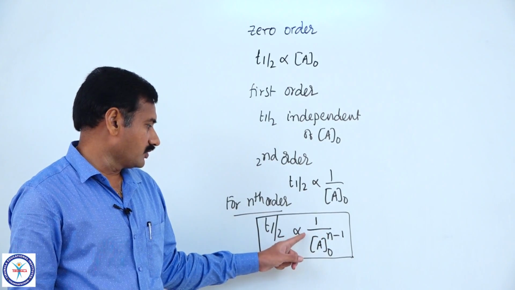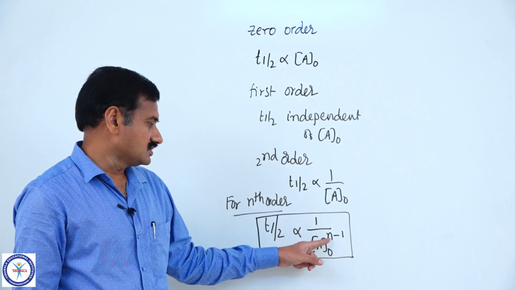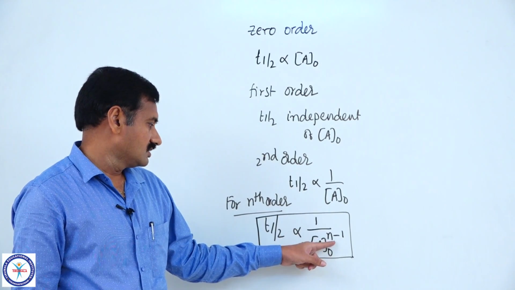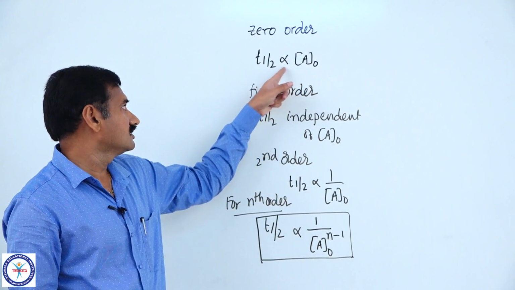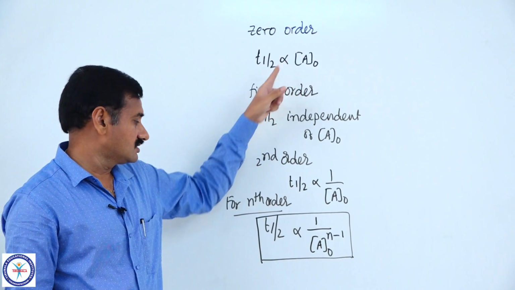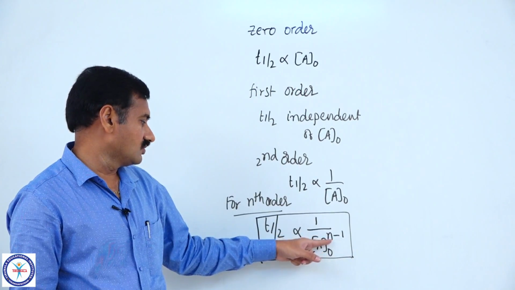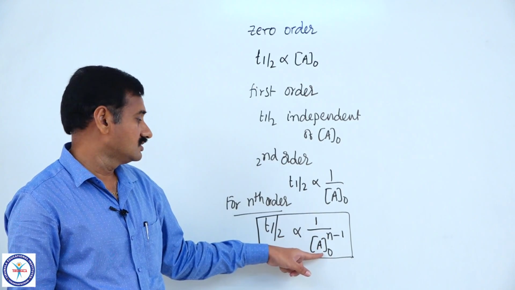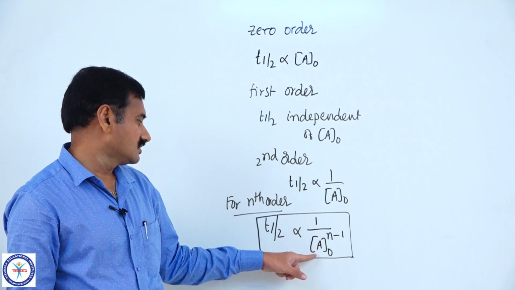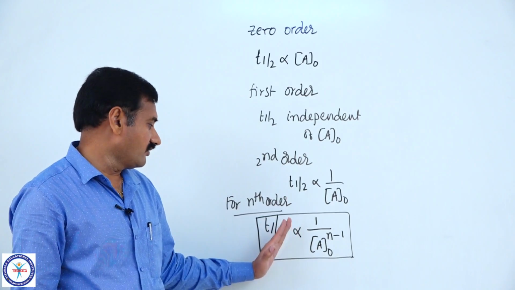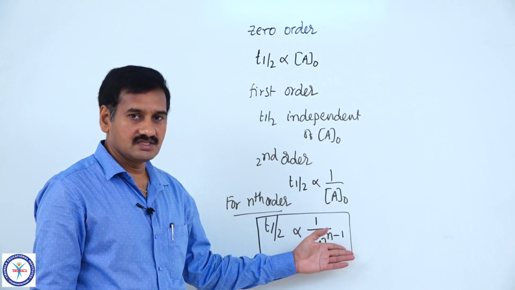So, T half is proportional to 1 by a power 0 minus 1, a power minus 1, in numerator it is a, T half is proportional to a, that is 0 order reaction. If n is equal to 1, a naught to the power of 1 minus 1, 0, T half is independent of a naught. Similarly, n equal to 2, T half is proportional to 1 by a naught. So, for nth order reaction, T half is proportional to 1 by a naught to the power of n minus 1.